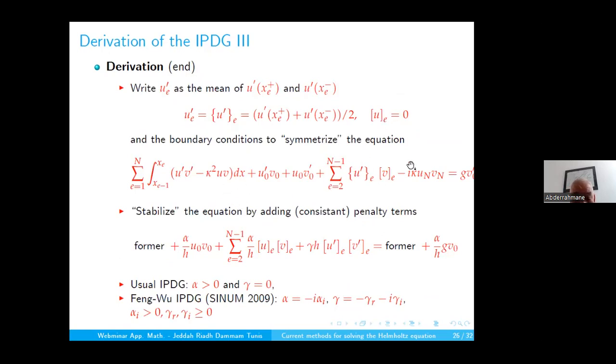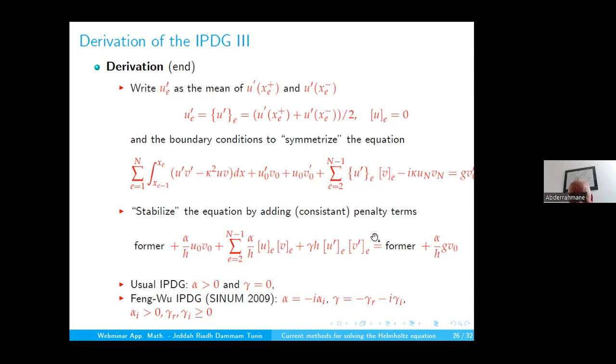And in this way, you can rewrite the equation and add some terms. The important point is that you can add some terms which are consistent, that is, which are equal to 0 for the real solution.